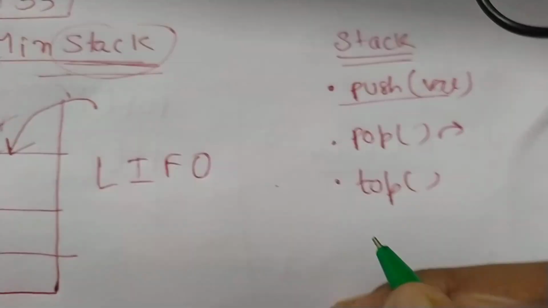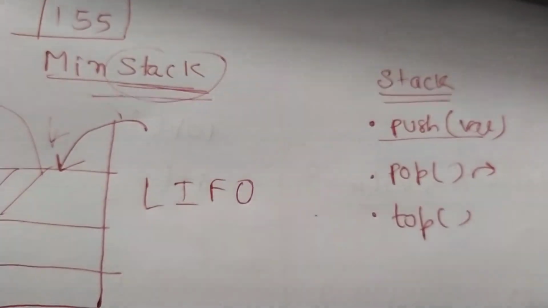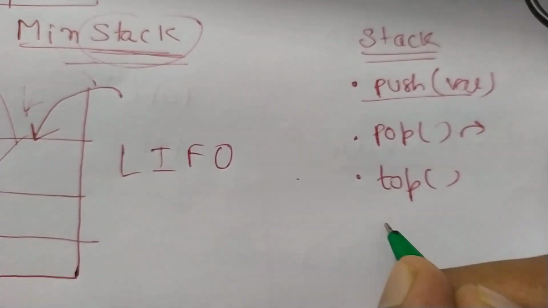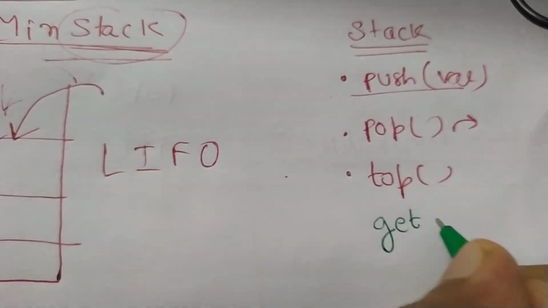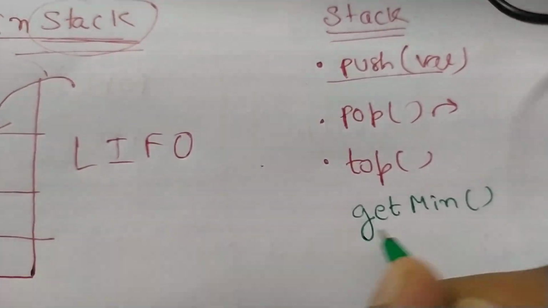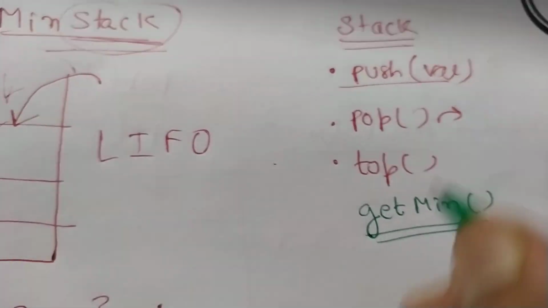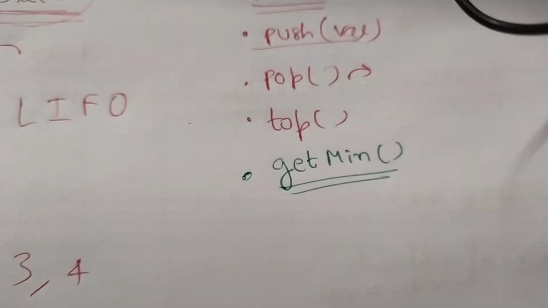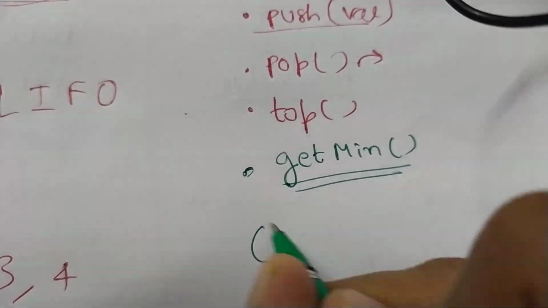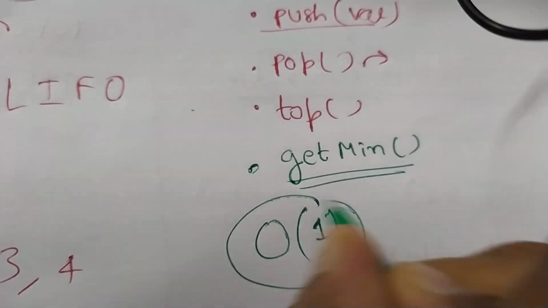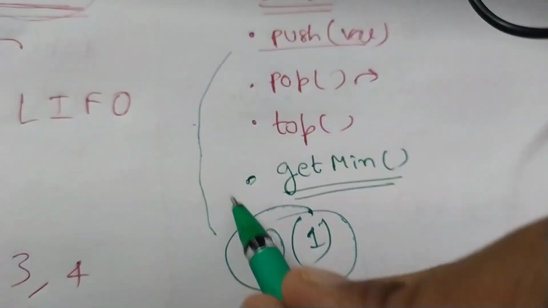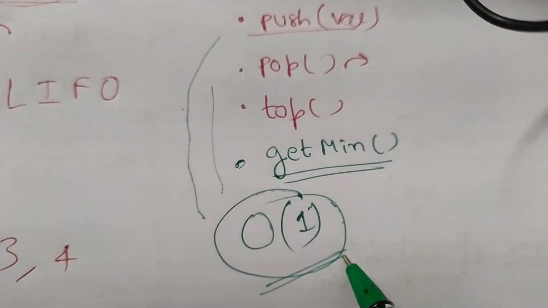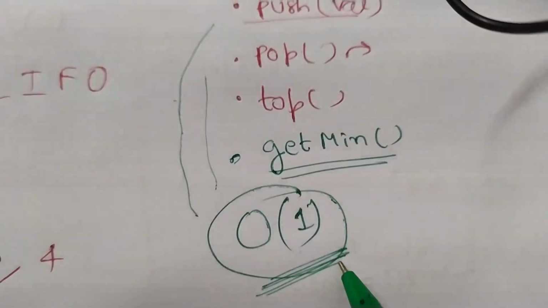And the extension of this basic stack structure for this question is another function, getMin. This function should return the minimum value present in the stack. This can be done in multiple ways, but we are asked to perform all these functions in constant time.